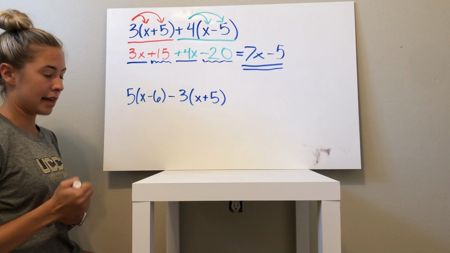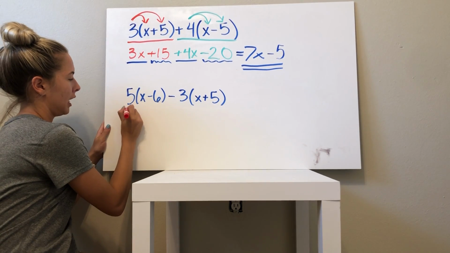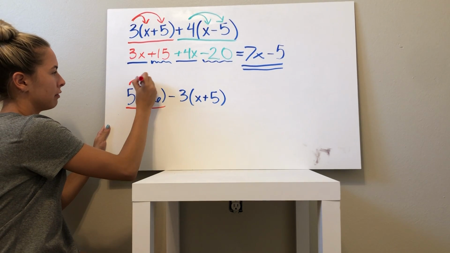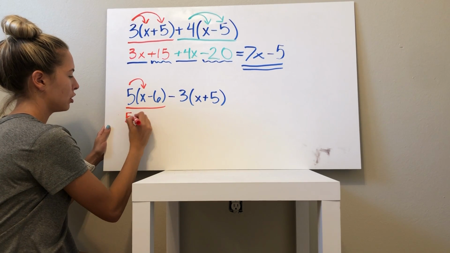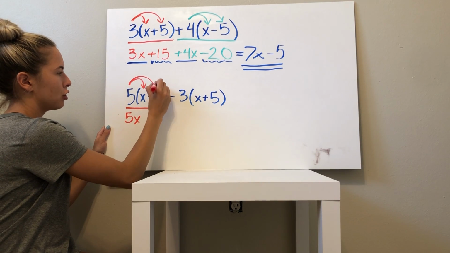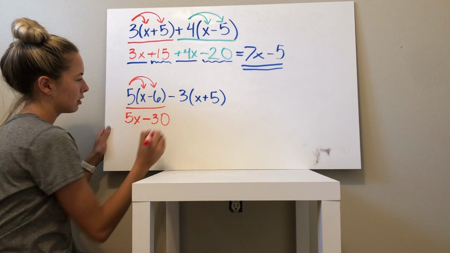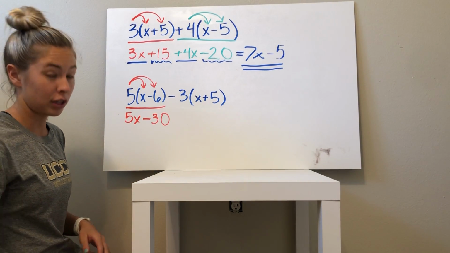Okay, looking at the second example, same thing. Look at this portion for step 1. So we have 5 distribute to the x, which gives us 5x, and then 5 distributed to the negative 6, which gives us negative 30. So that's step 1.